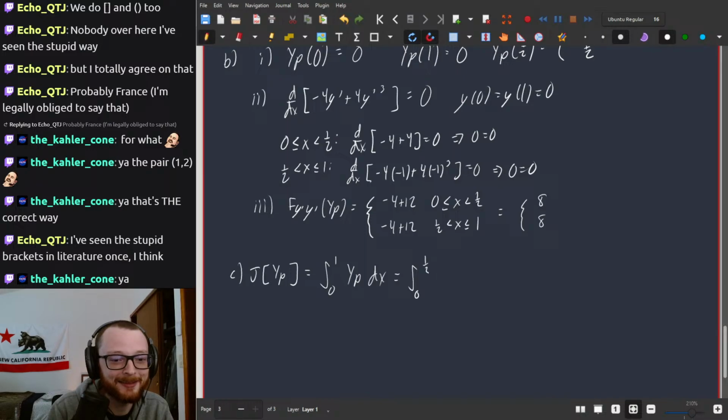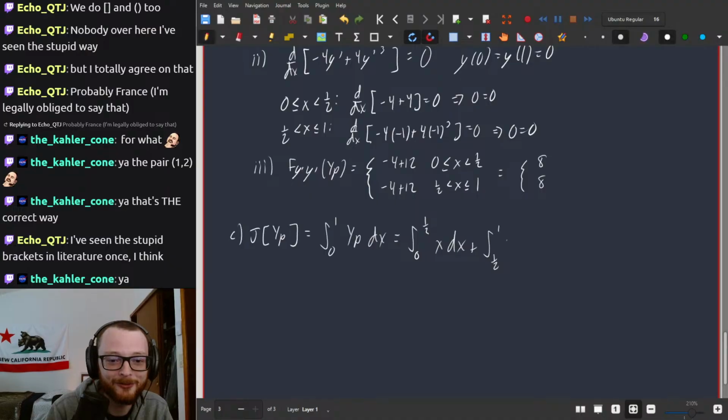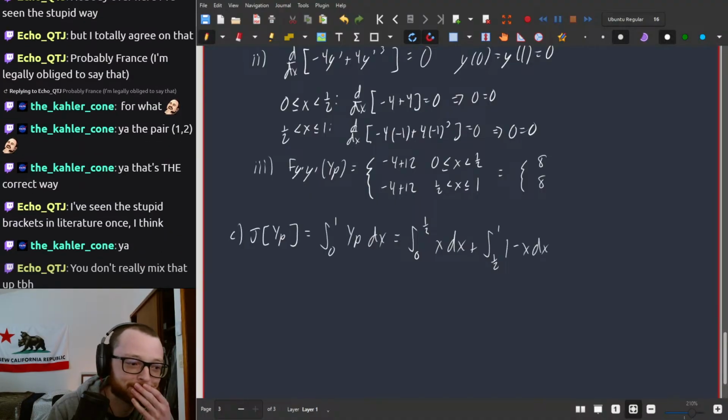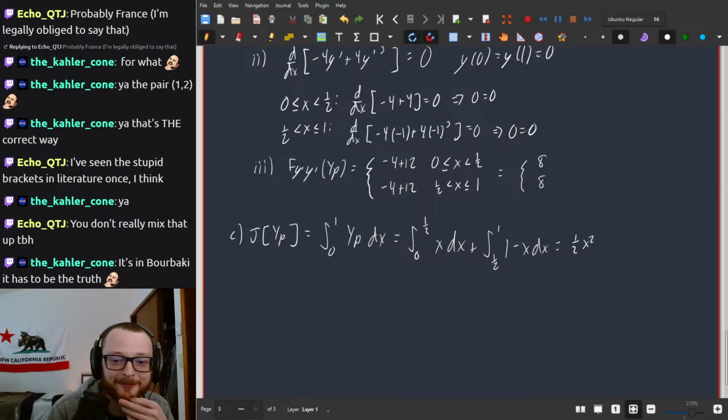I get that with the parentheses you could get it mixed up with just a regular point, but I don't know, it just looks stupid. Zimbabwe has to be the truth. Well, Bourbaki does it. Yeah, I don't really ever mix it up either. It's usually clear from the context.